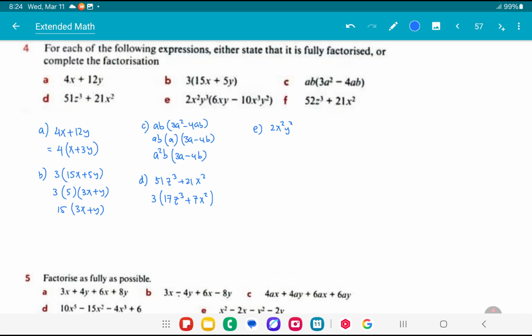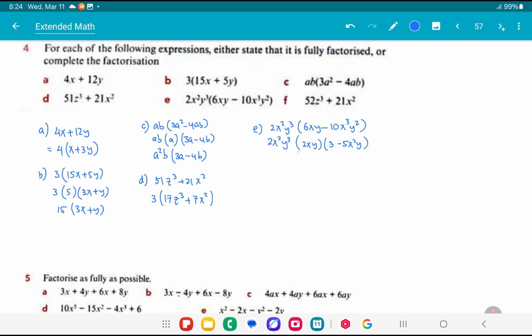For question E, 2x squared y cubed multiplied by 6xy minus 10x cubed y squared. So we got 2x squared y cubed multiplied by, bottom, we can divide by 2xy, and then we got 3 minus 5x squared y.